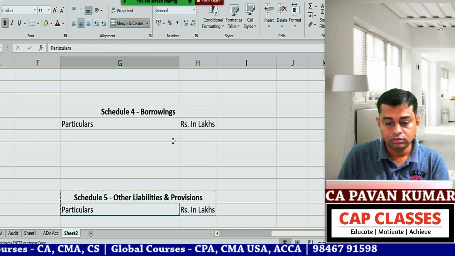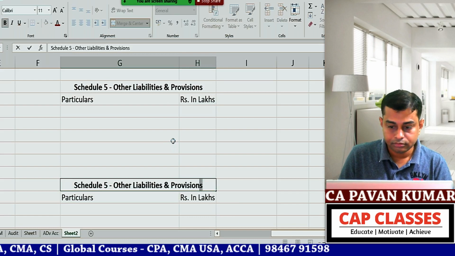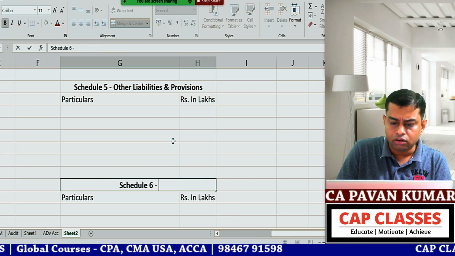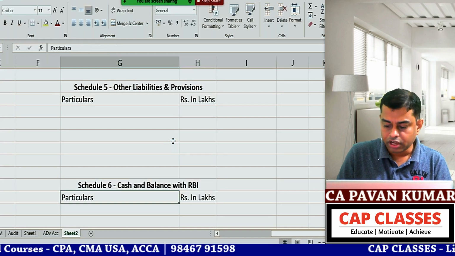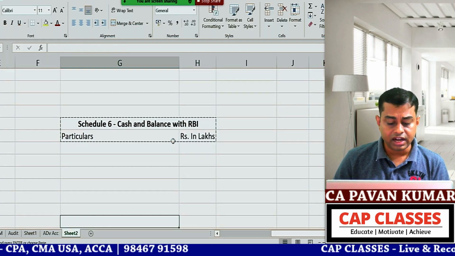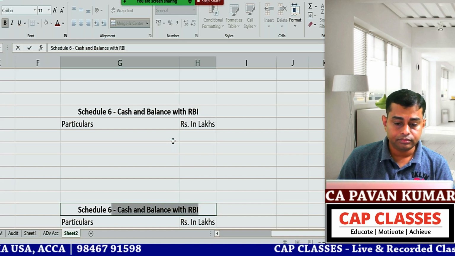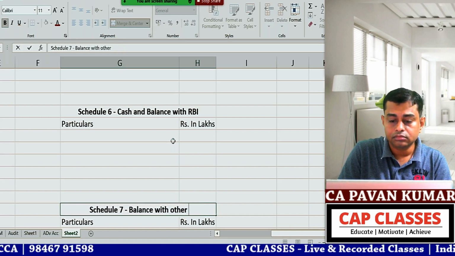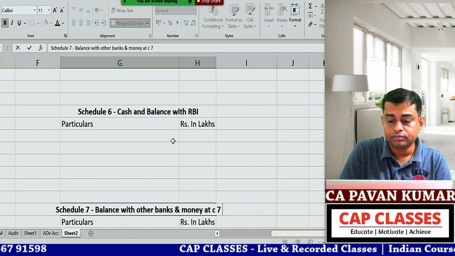Six: cash and balance with RBI. Next one is money at call and short notice, balances with other banks. Correct? Yes, sir. So 7: balances with other banks and money at call and short notice.